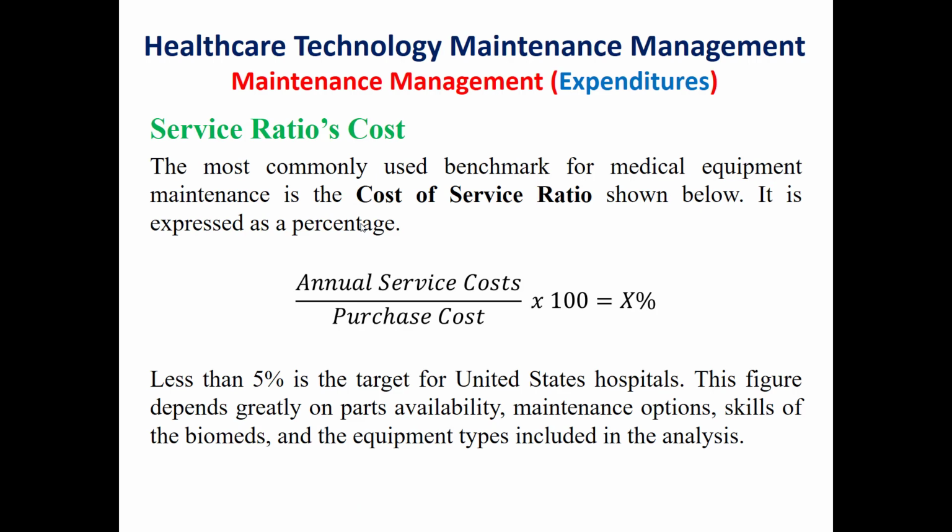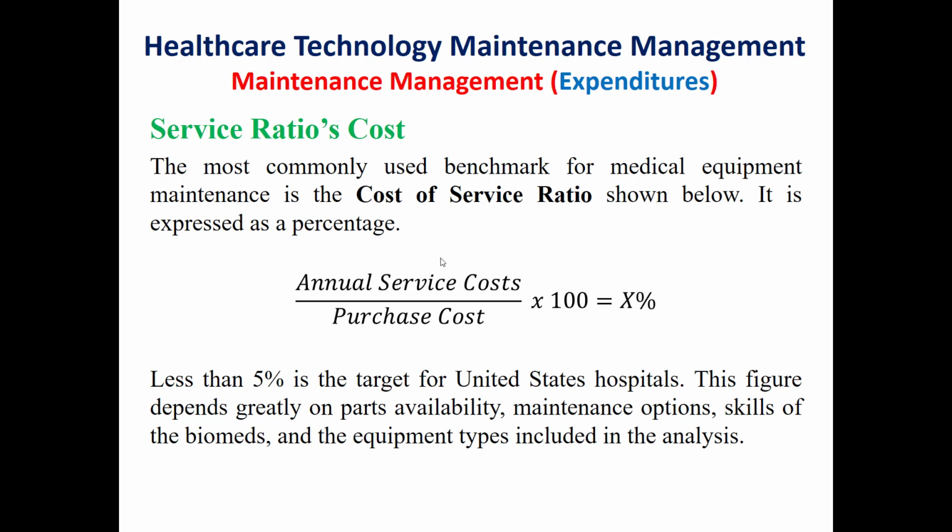Another important point, in addition to considering the total cost, is to consider the cost of service ratio annually. I mean by that, the annual service cost should be divided by the purchase cost and multiplied by 100.